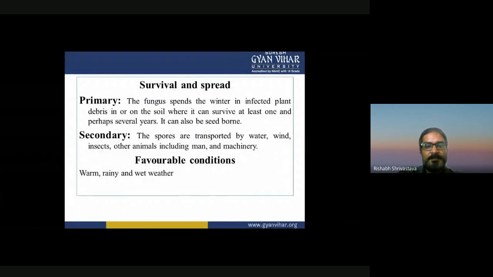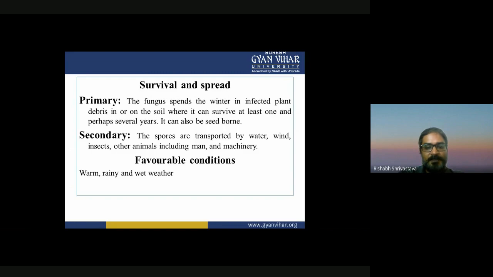Survival and spread. Primary: the fungus spends the winter in infected plant debris in or on the soil where it can survive at least one and perhaps several years. It can also be seed-borne. Secondary: the spores are transported by water, wind, insects, other animals including man and machinery.